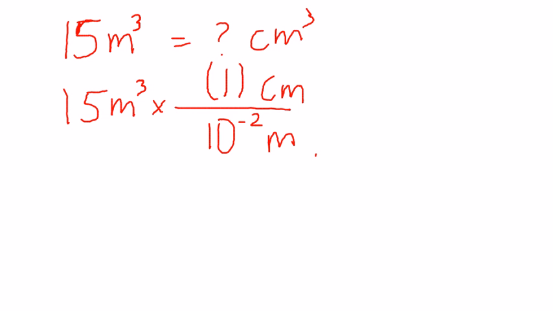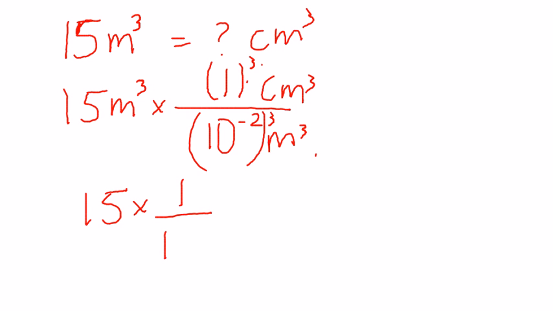And we cube everything this time. One cubed is still 1. 10 to the negative 2 cubed, however, is 10 to the negative 6. So 15 times 1 over 10 to the negative 6.